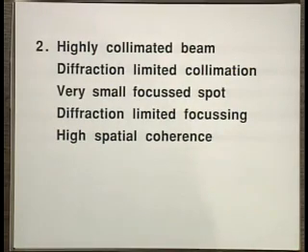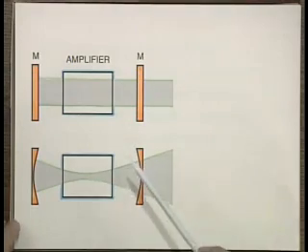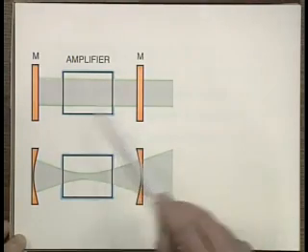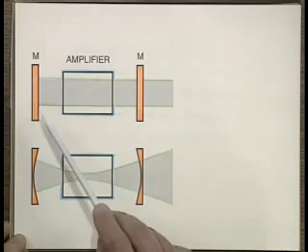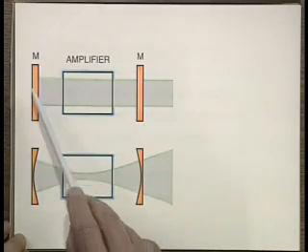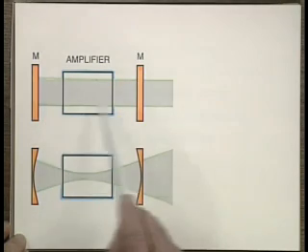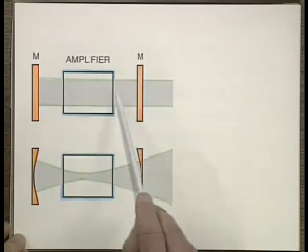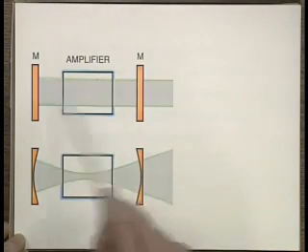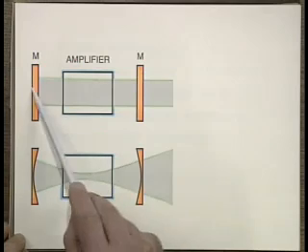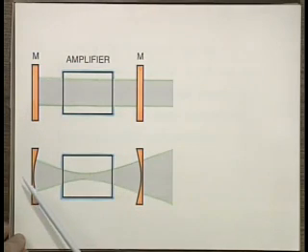Again, in a simple-minded way at this stage, and later we'll go into it in more depth, the spatial properties really come from the fact that we have an amplifier within the resonator, and we have these two mirrors. Let's take two plane mirrors, for example. We'll see later that the mode supported within that cavity is essentially a parallel beam that gets reflected backwards and forwards between these two mirrors.